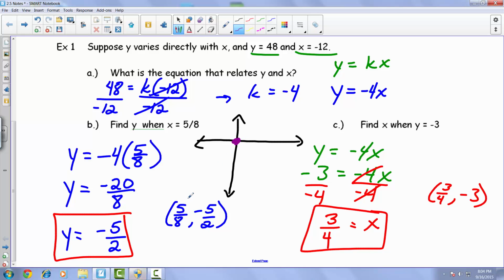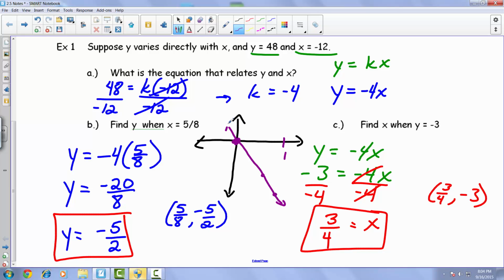We said that at 5/8 we're up with negative 5/2, so we'll say it is about here, at least for the graph. Then at 3/4, we ended up with negative 3, so a little bit closer to 1, we ended up with negative 3. Notice, though, that these points do line up.